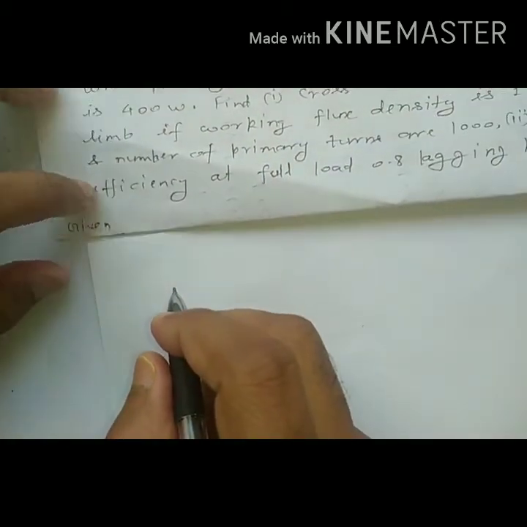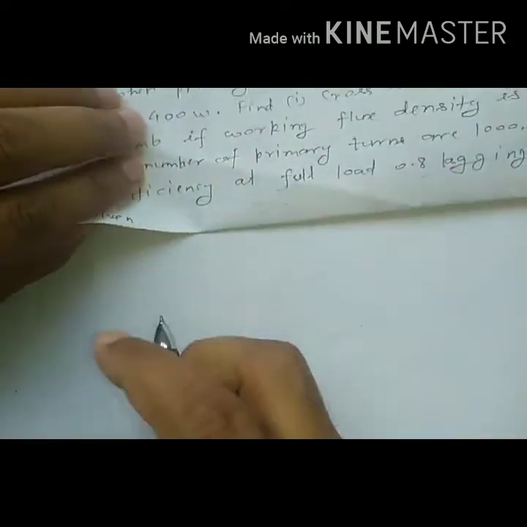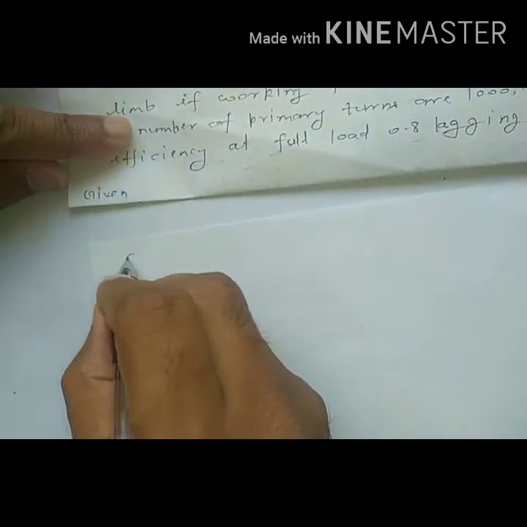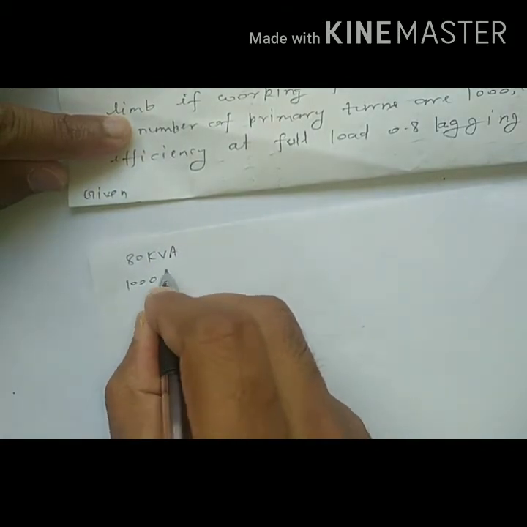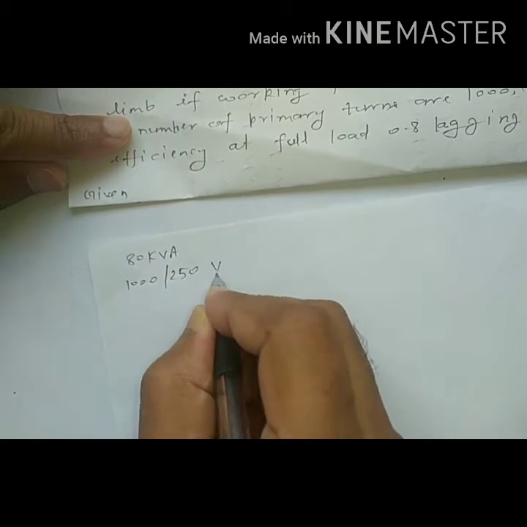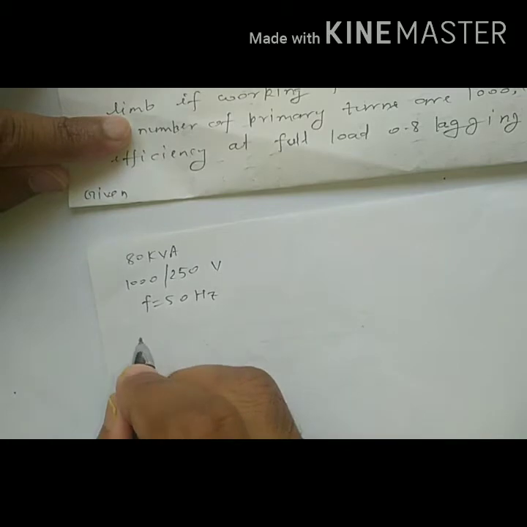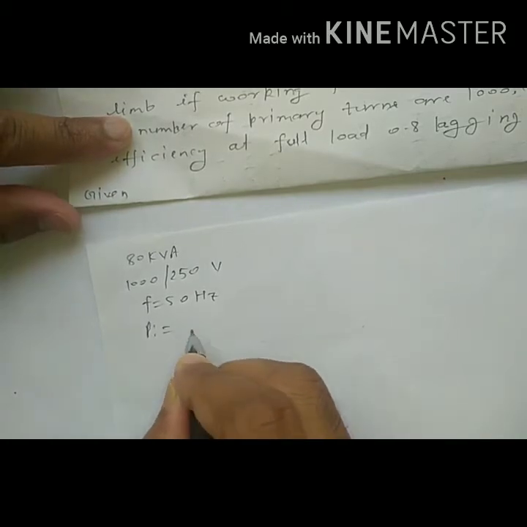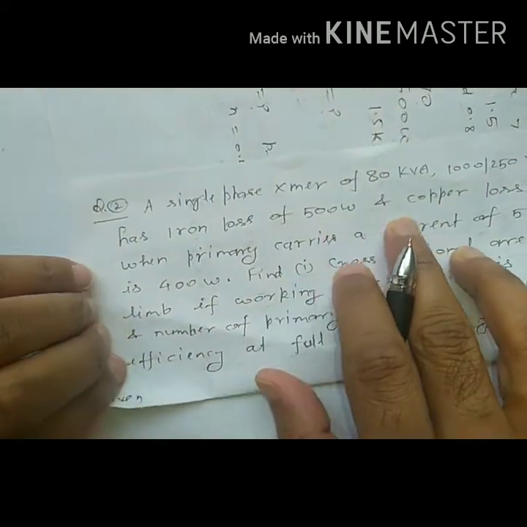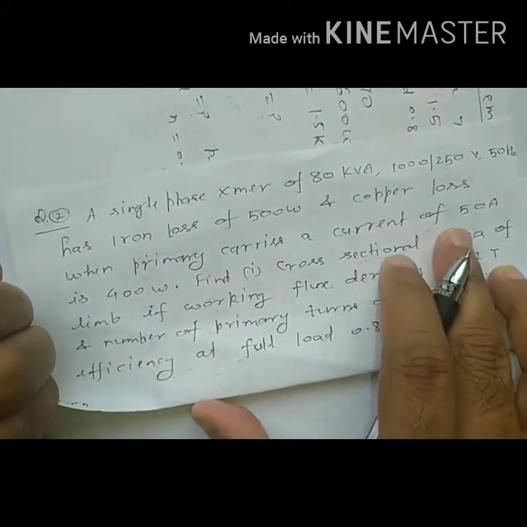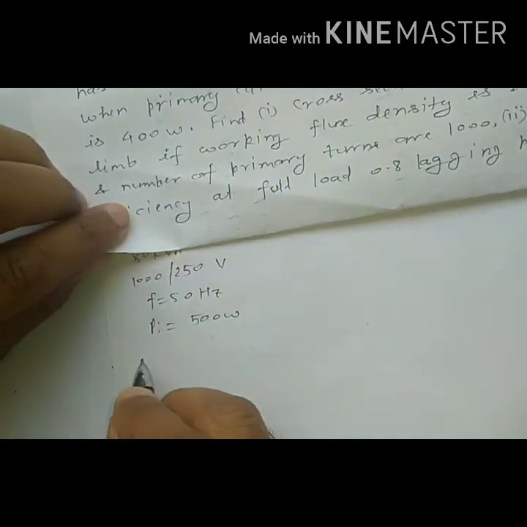So what is given? 80 kVA, 1000 by 250 volt, 50 Hz transformer. Iron loss is given 500 watt and copper loss is 400 watt when primary current is 50 ampere.